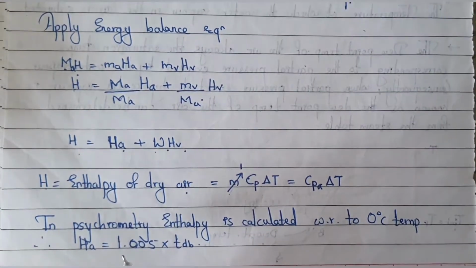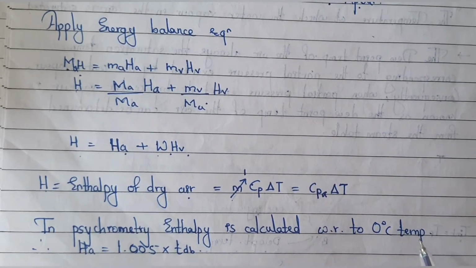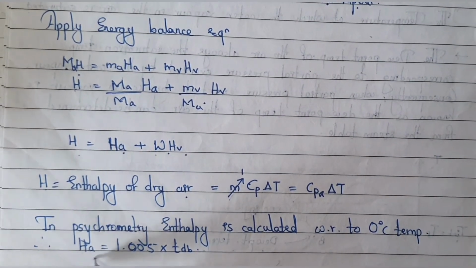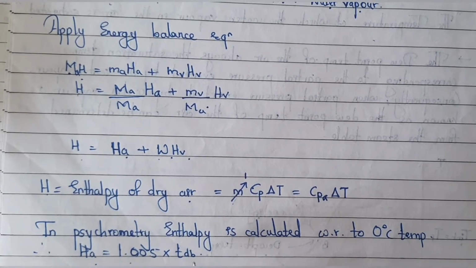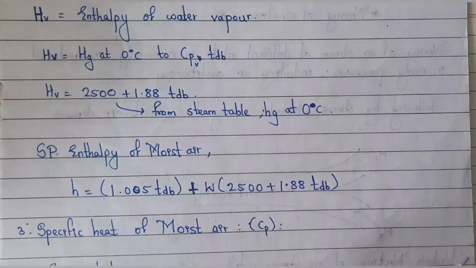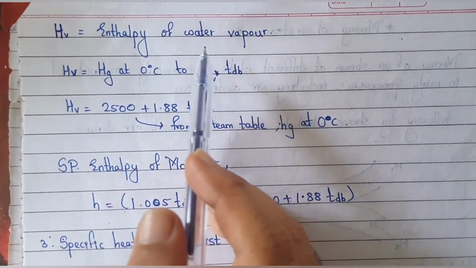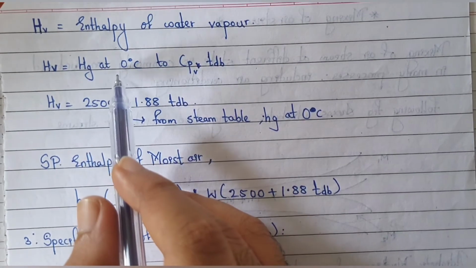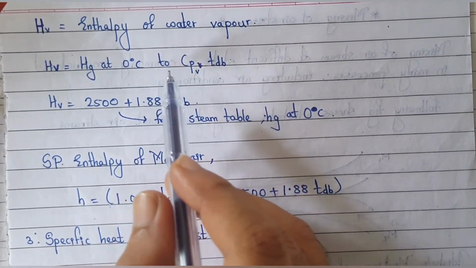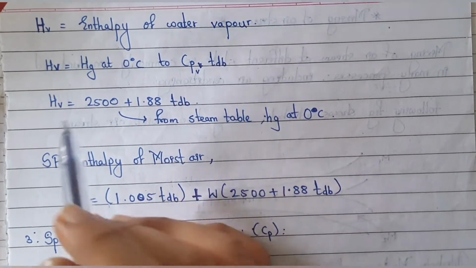In psychrometrics, enthalpy is calculated with respect to 0 degree temperature. Hence Ha is equal to 1.005 into TDB. Hv is the enthalpy of water vapor. Hv is equal to Hg at 0 degree Celsius plus Cpv TDB.